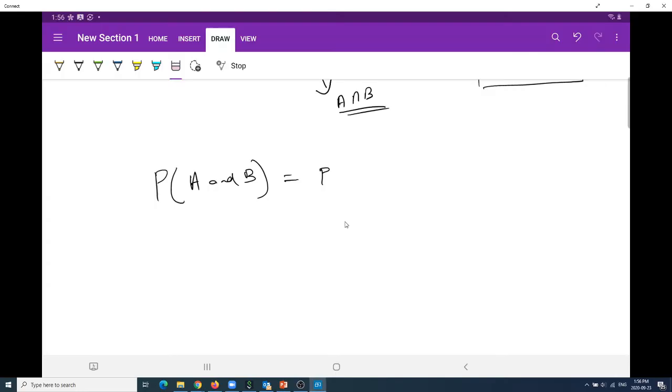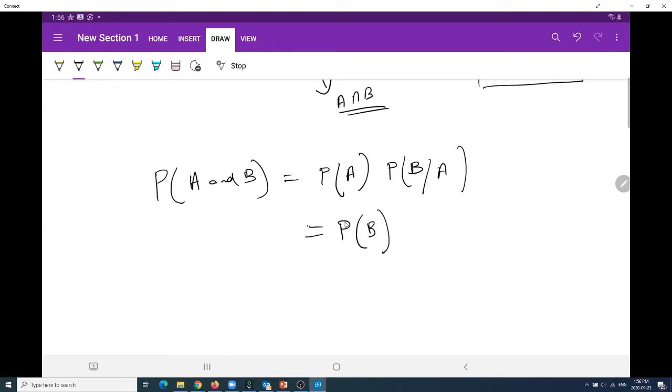Just remember, when you're thinking about the probability of A and B, it's the same as the probability of A times the probability of B, conditional on A already happening. You could write the same thing in the reverse order as well.